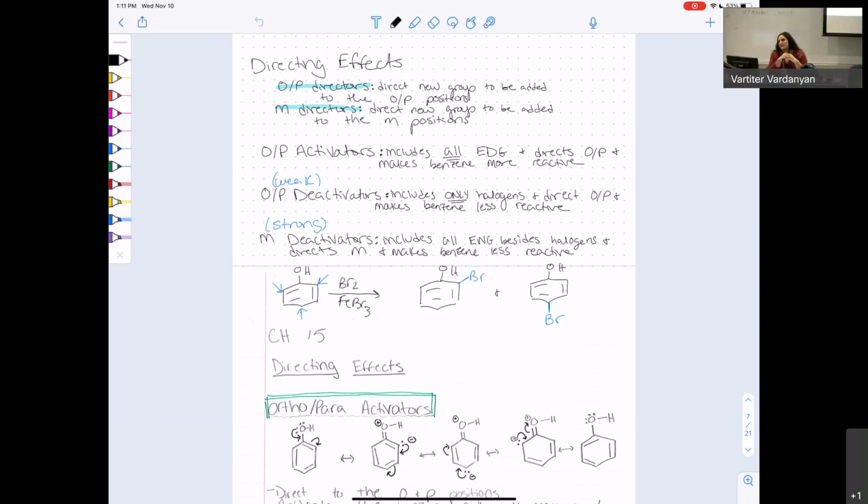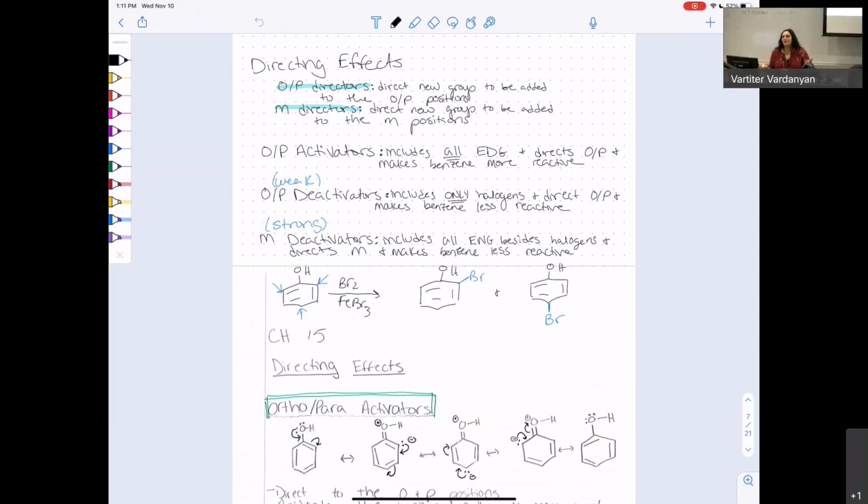So the meta-directors, what charge do they have? Positive on what positions? Ortho-para. So something that students often will get mixed up on is all the resonance will land on ortho-para positions. So it's not going to land on the meta position. The difference is meta-directors have a positive charge that lands on the ortho-para positions.